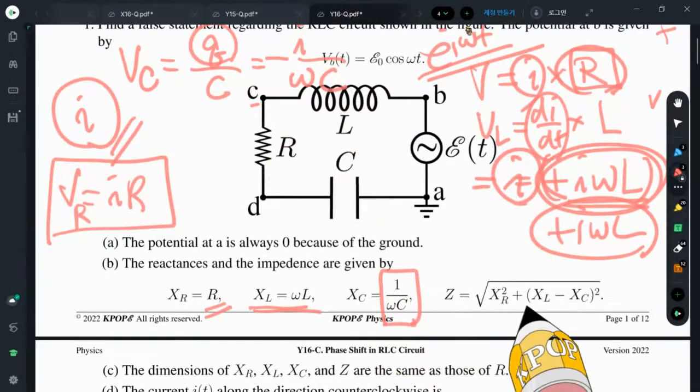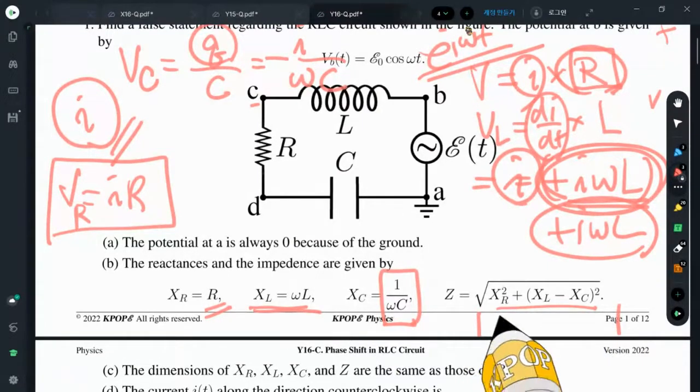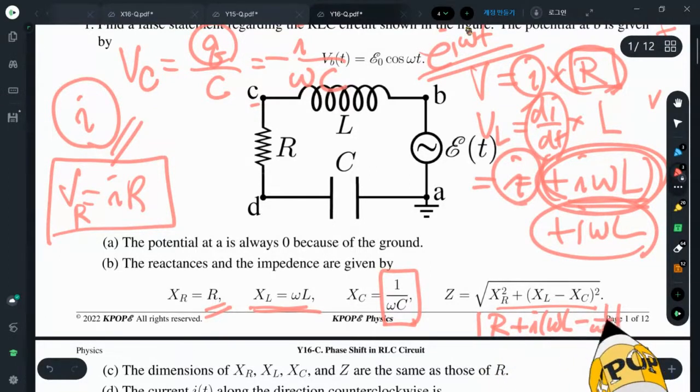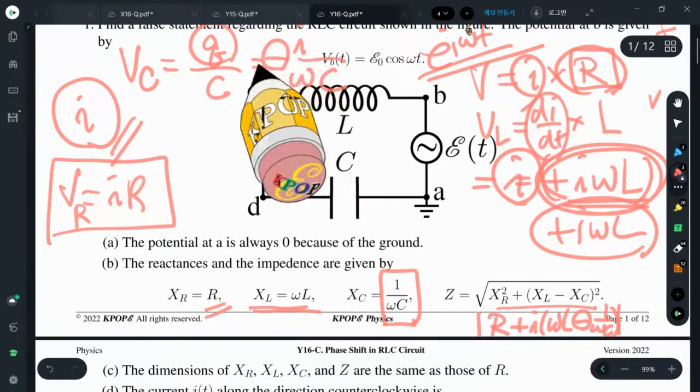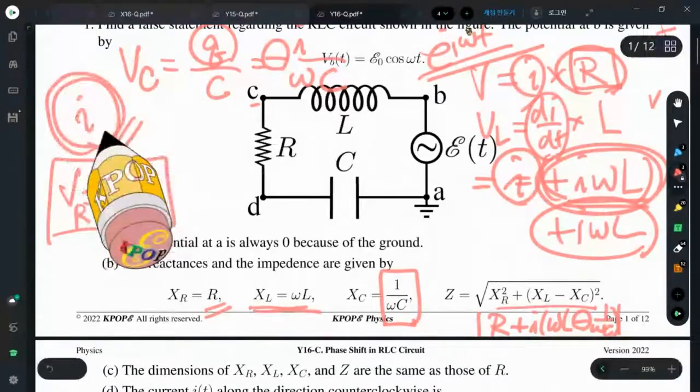However, this is actually the absolute value of a complex number, R plus i omega L minus i over omega C. This sign comes from the convention relative to the current.